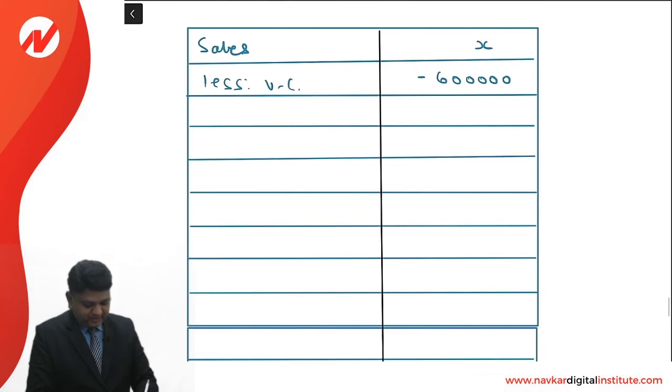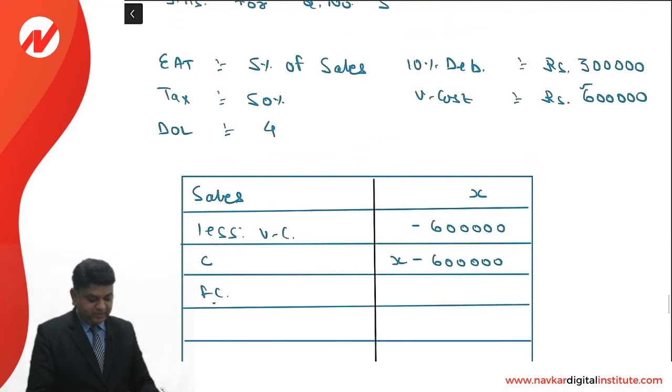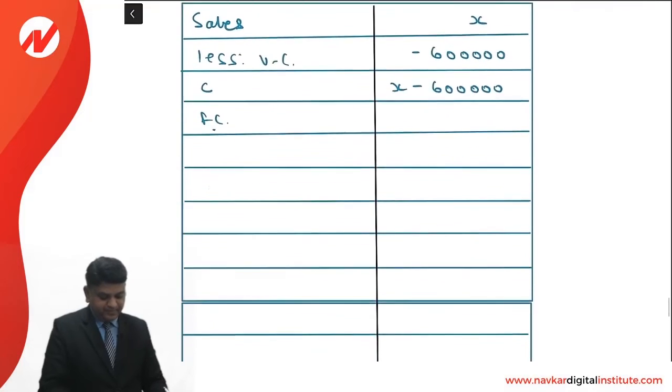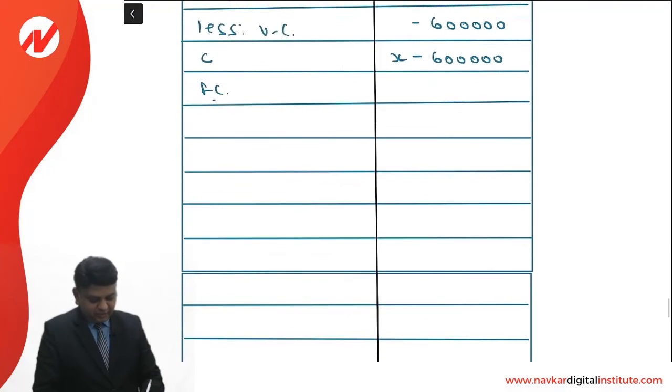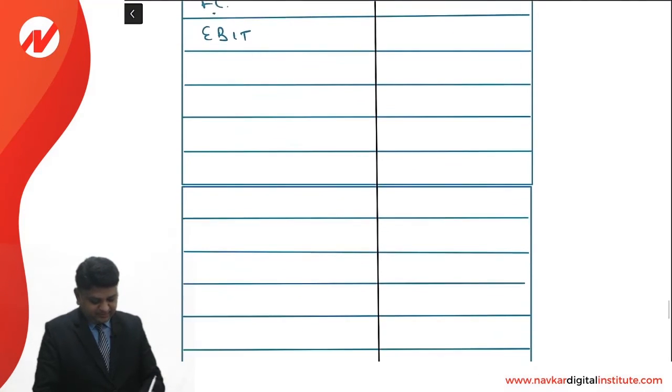Difference between both of them is contribution. That is an amount of X minus 6 lakhs. From that, the fixed cost is deducted. What is fixed cost we do not know because its information is not given. Difference between both of them will be EBIT. Again, we do not know because the fixed cost information we do not have.